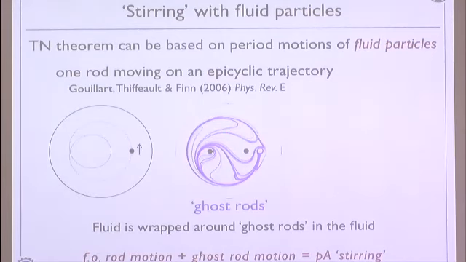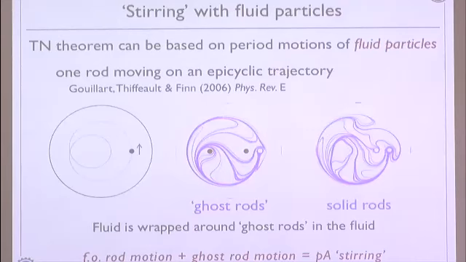It turns out that there is another fixed point in this flow. So this epicyclic trajectory is moving around what appears to be sort of rods in the flow. If you look at these ghost rods and include those in the calculation of the braid, then you get a pseudo-Anosov braid. You can calculate the topological entropy predicted by that topological braid, and it gives a good representation of what's going on in this flow. Then you can go a step further and actually put in fixed rods in essentially the same locations.